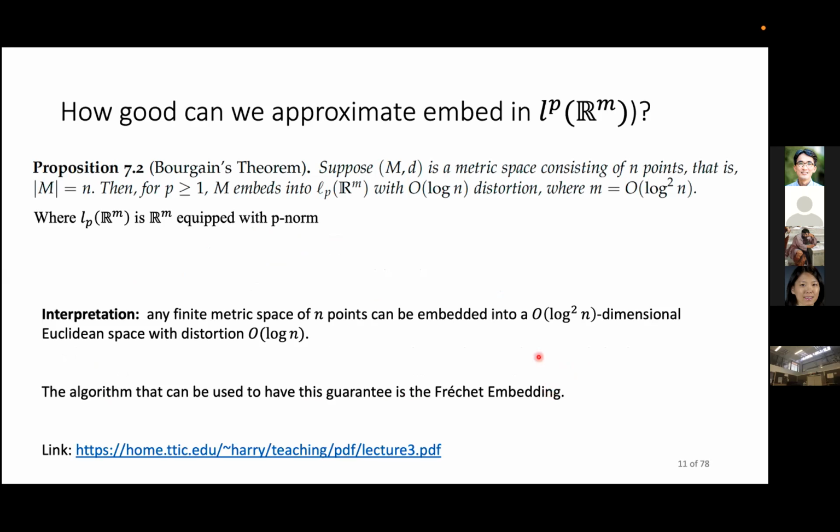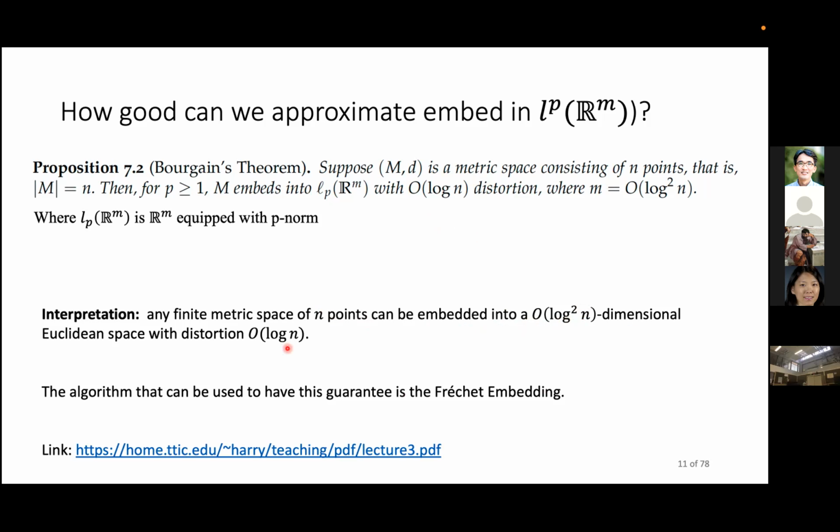So just before we go into the details of the algorithm, here are two well-known mathematical results that are worth mentioning. The first one regards how well we can generally embed into a Euclidean space equipped with a p-norm. This is called Bourgain's Theorem. It's basically saying that if you have a finite metric space of n points, you can embed them into Euclidean space of O(log n squared) dimension with a distortion of log n.